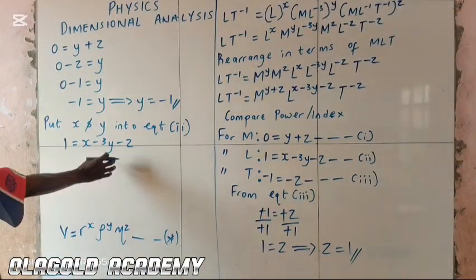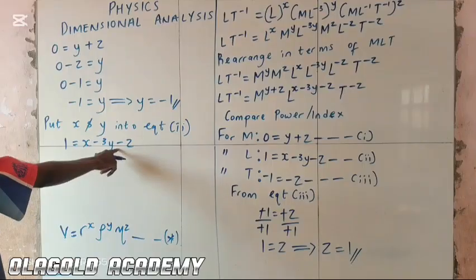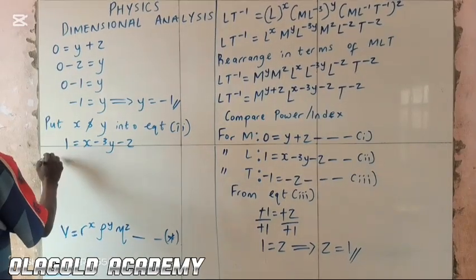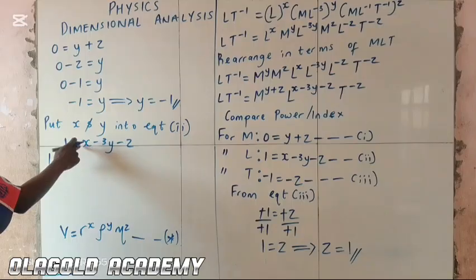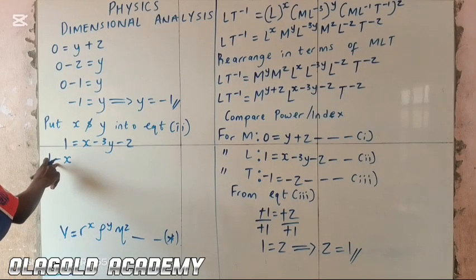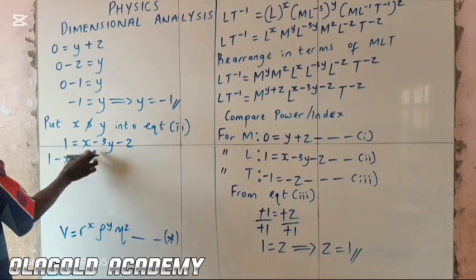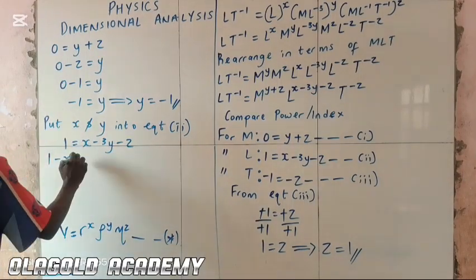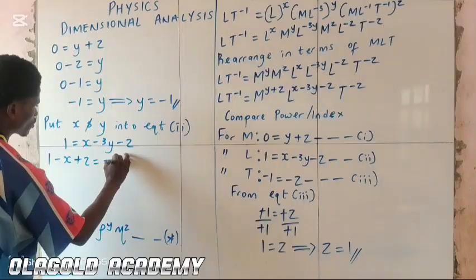We're looking for y rather. So we bring all these 3 to this side here. So we have 1 minus x. This x crossing this equal sign becomes negative. Then we are going to have this minus z crossing this sign to become positive. So we have plus z equal to minus 3y.